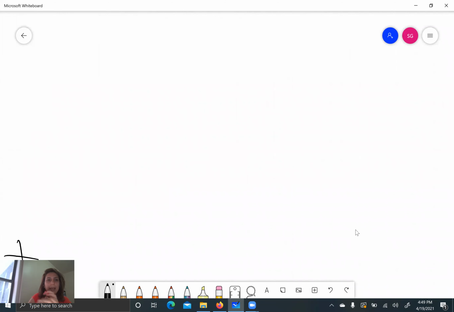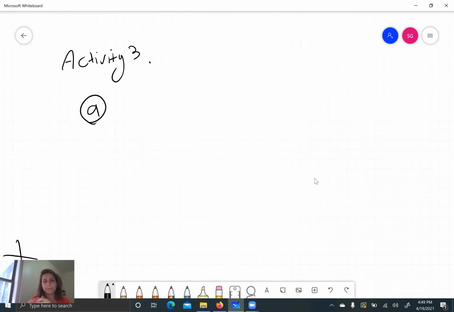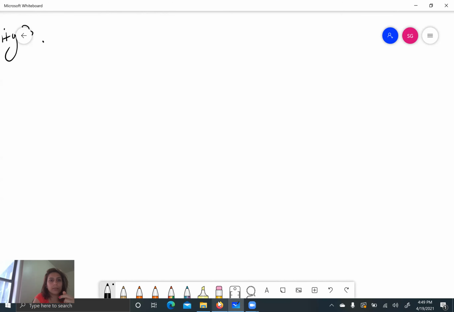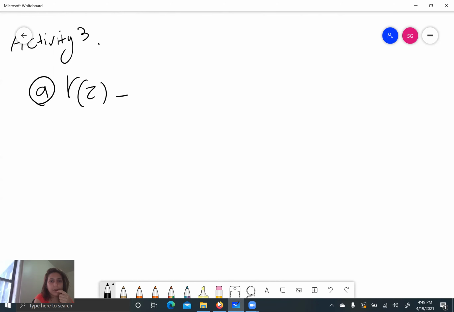So this is activity 3, and I'm doing part A. Part A says R of Z is a quotient.